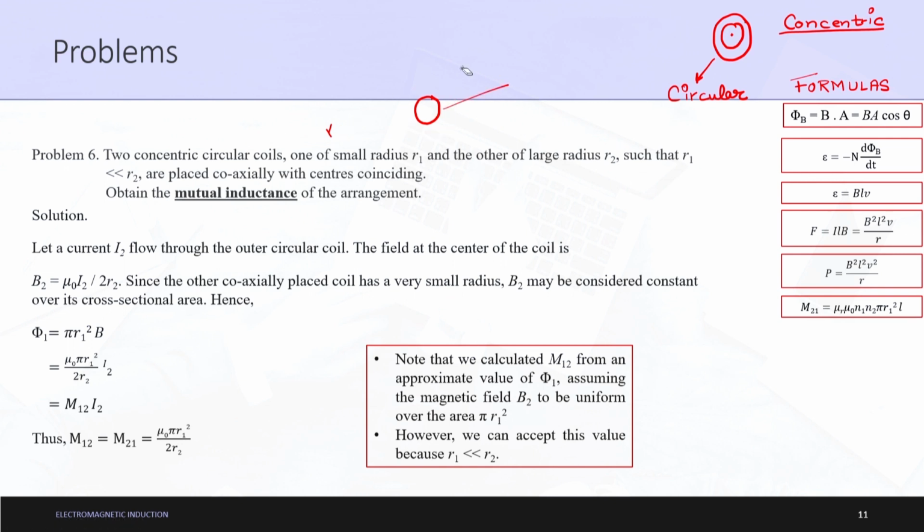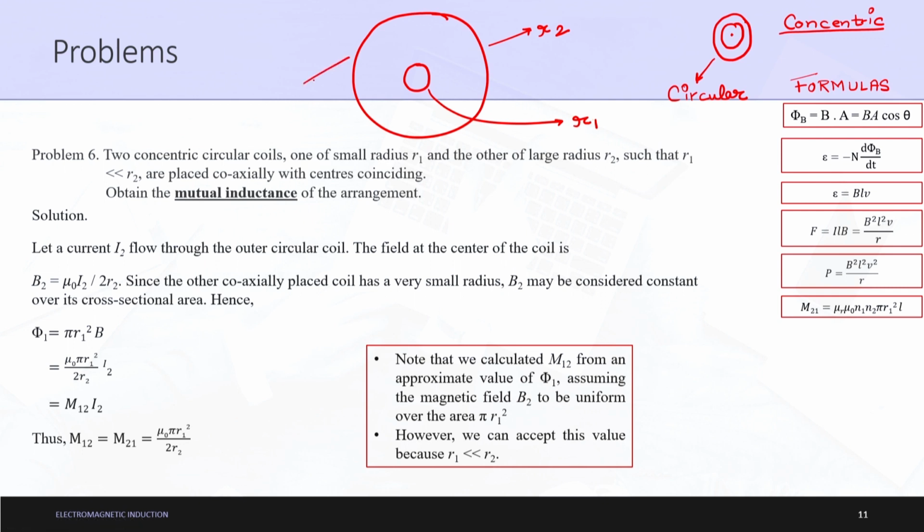Let me make it much bigger, because it is given here that R1 is very small. This has the radius R2 and this small one has the radius R1. Now it is said that the current is flowing in this coil. Let us say the current is I2 here. So let a current I2 flow through the outer circular coil.